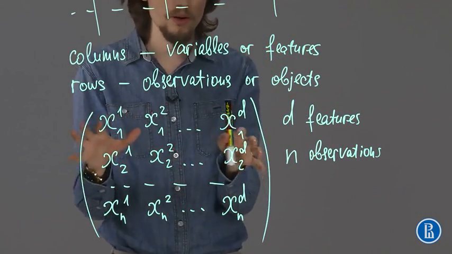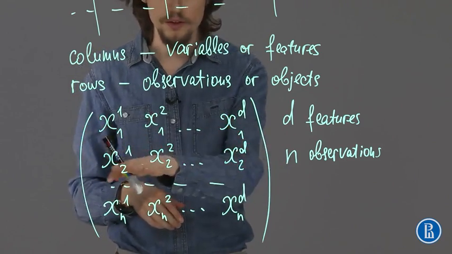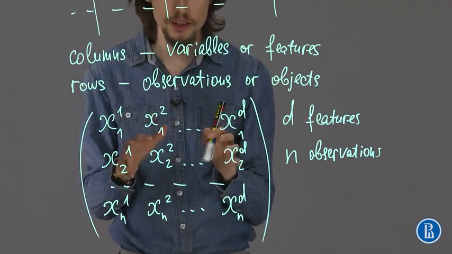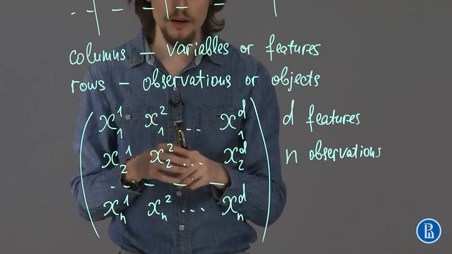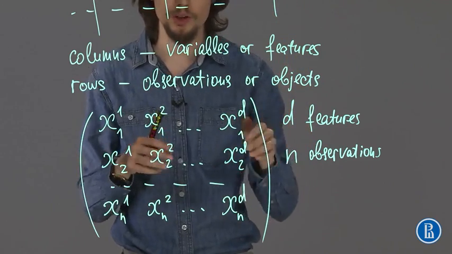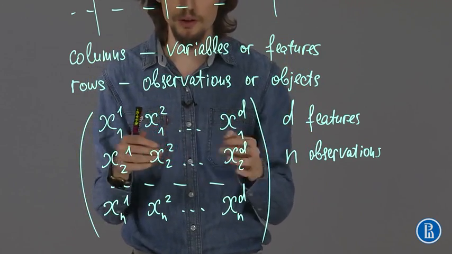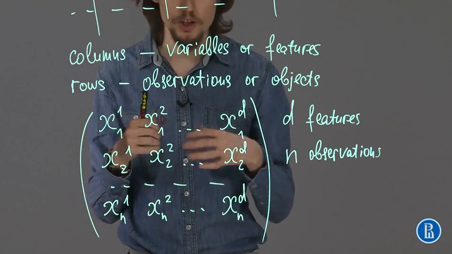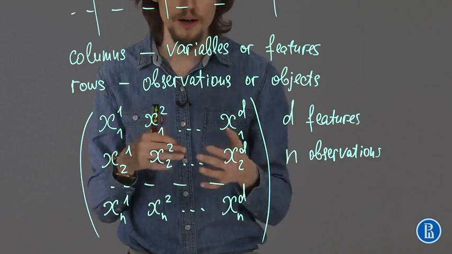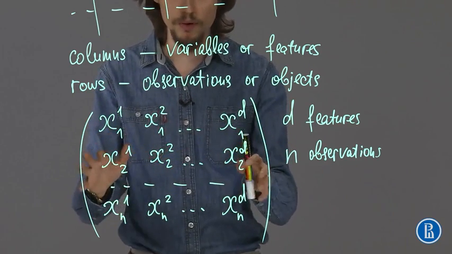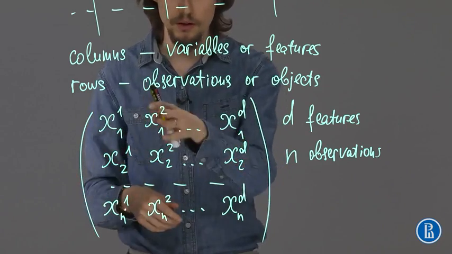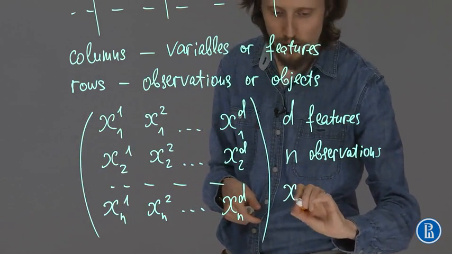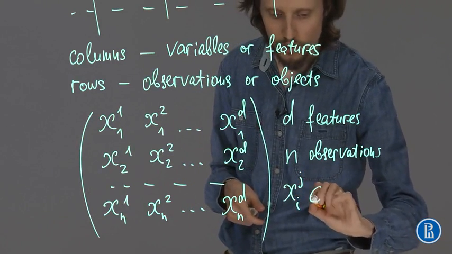We can assume for a moment that all these variables are just real numbers. In fact, as we will discuss soon, it is possible for some variables to be not numeric but of some other kind. For example, variables like gender or country of origin are not numeric. But for a moment, let us assume that all these values are just numbers. So xij is just a real number.